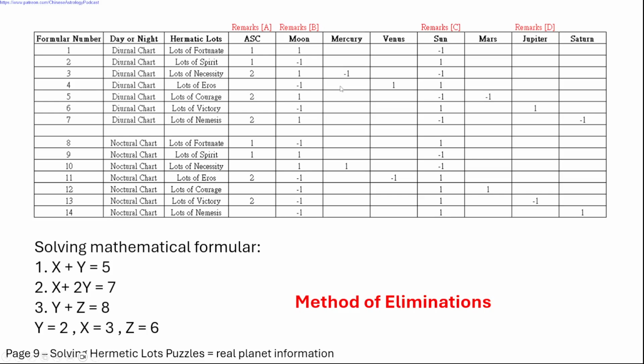These 4 planets, A, B, C, D, or the actual positions in the universe, can be found by the approximation method of the lunisolar calendar. Then the rest of the parameters, like Mercury, Venus, Mars, and Saturn, you can find by the method of elimination using mathematics.